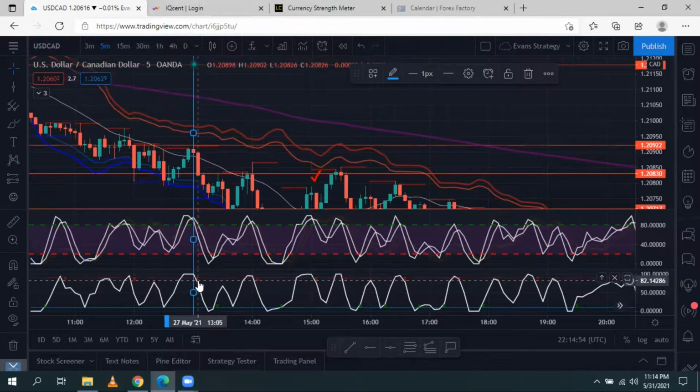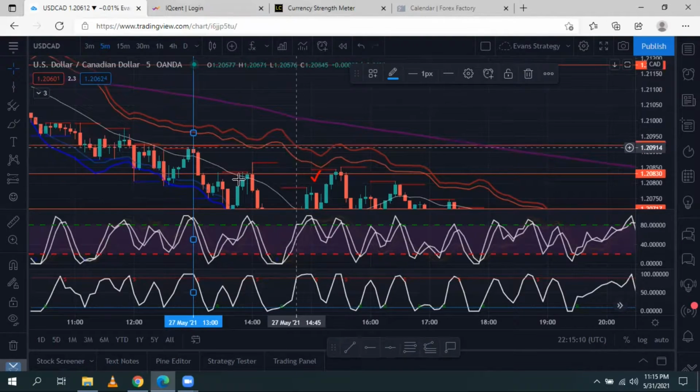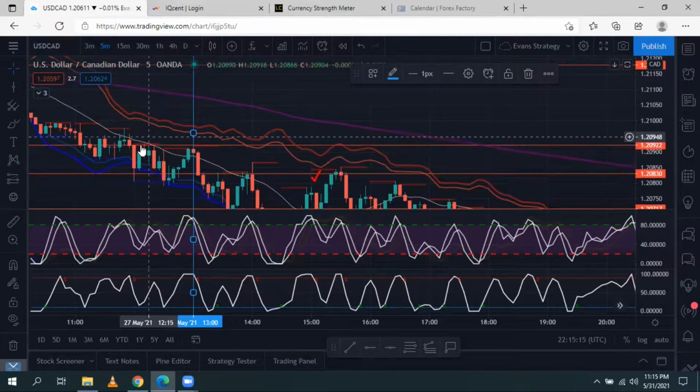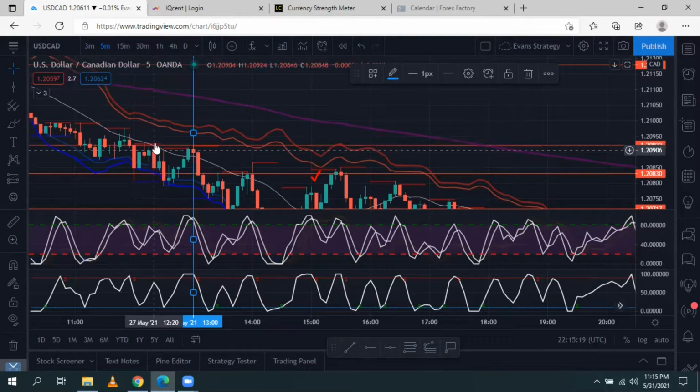But now, the difference here is we are not waiting on DMI extreme to give us the signal on when to enter the market when you are using your markup. Where you enter your market is where your line is at with the markup. So now this market right now, we saw the market rejected here by the resistance, right?